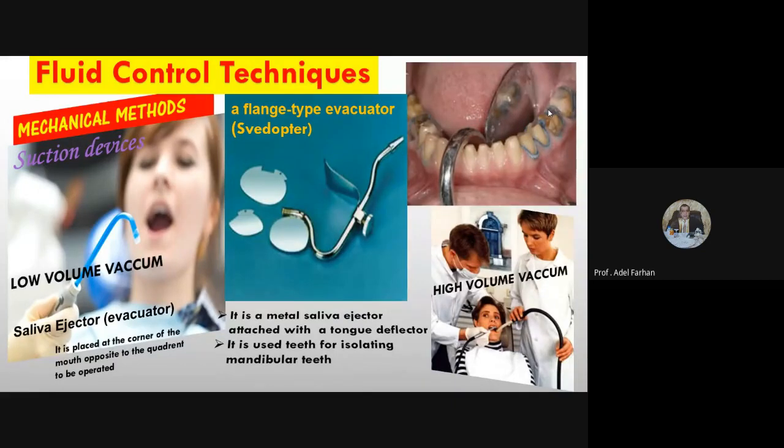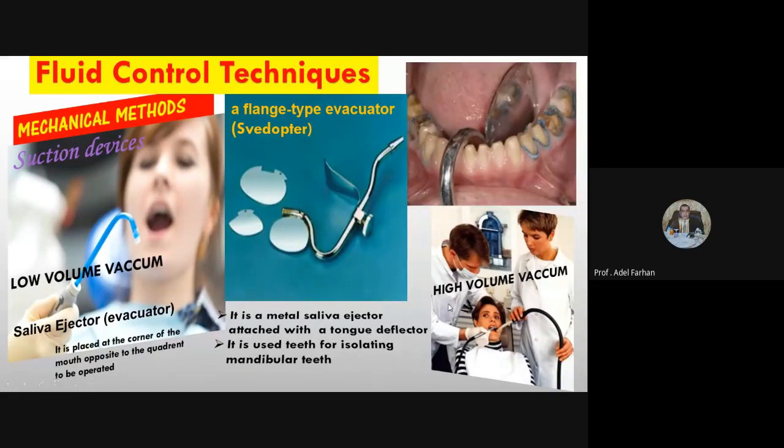So the benefit of this type is, in addition to suction, it will protect the soft tissue, اللي هو tongue, during your work. Also, we have, as we say, a high volume vacuum.